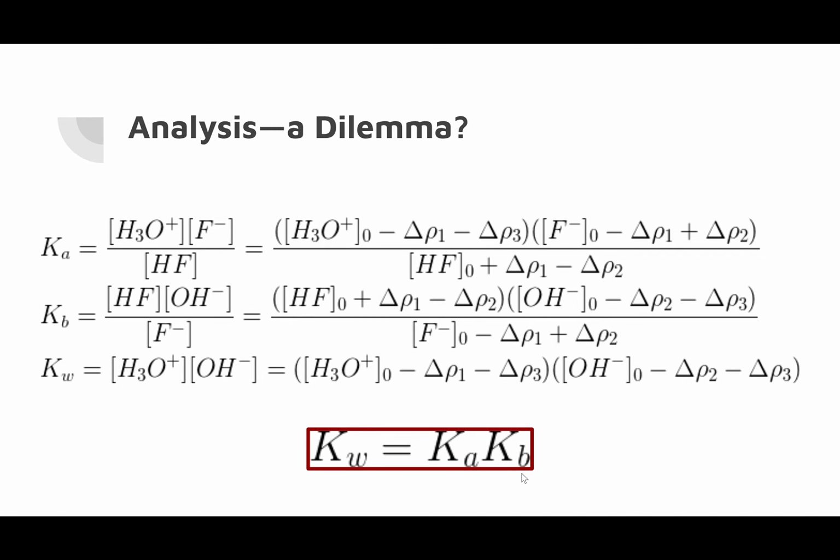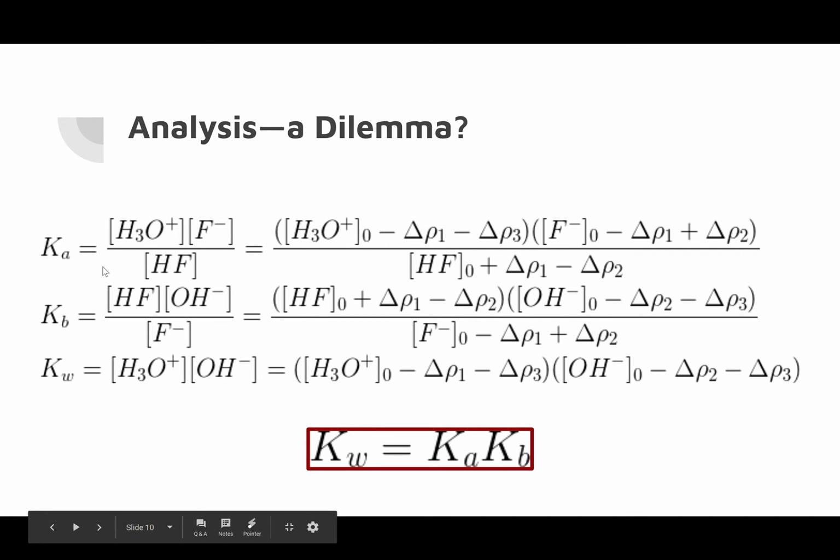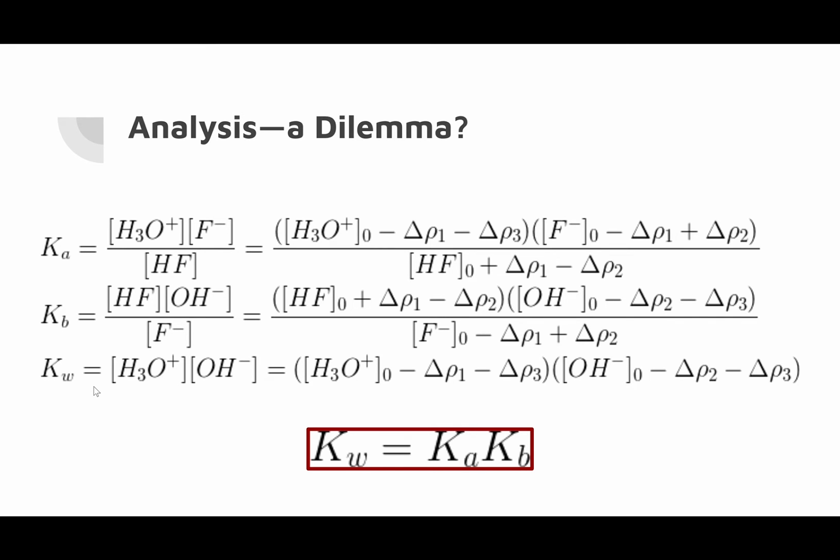When you multiply Ka and Kb, you obtain Kw. What that entails is that Kw, our third equation right here, really isn't an independent equation. It is a product of our first and second equations.